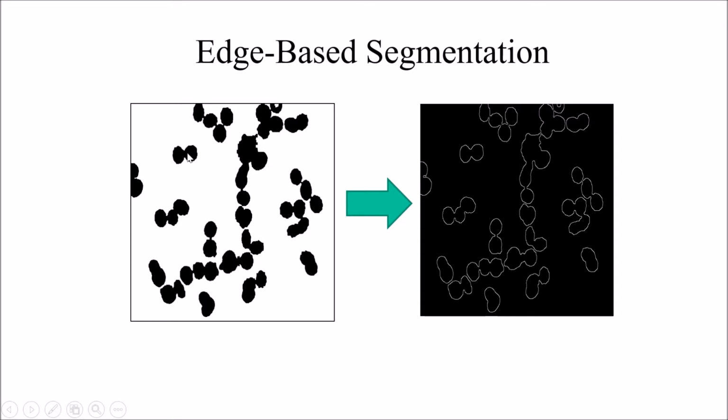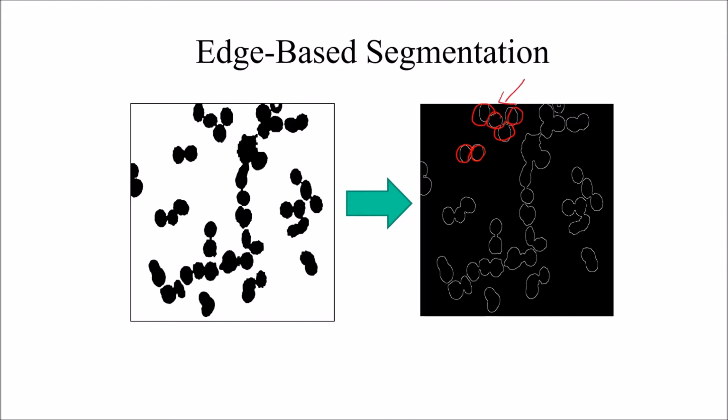But since the cells are touching each other, the next step is that we convert the image to the edge representation by using the Canny edge detector. Then based on the generated image here, we can estimate how many circles can be constructed for each of the generated edges.